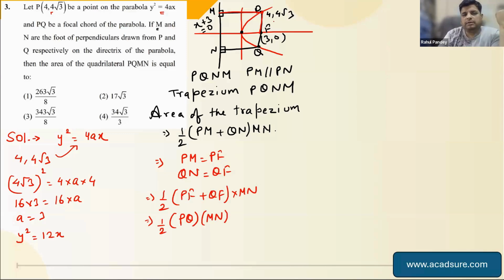Now we have one coordinate of the point P. Let's find the coordinates of the point Q also.